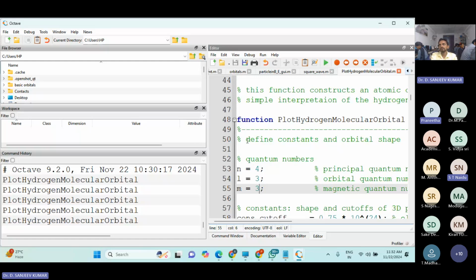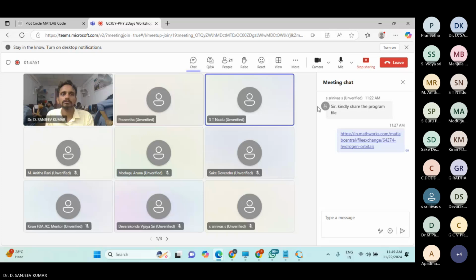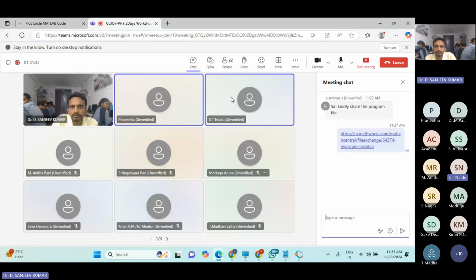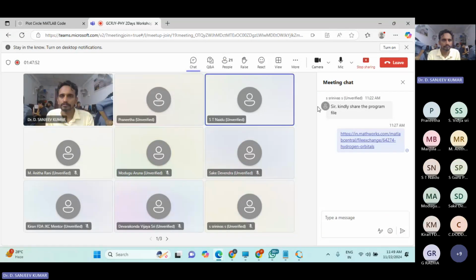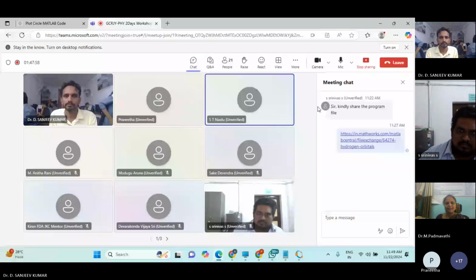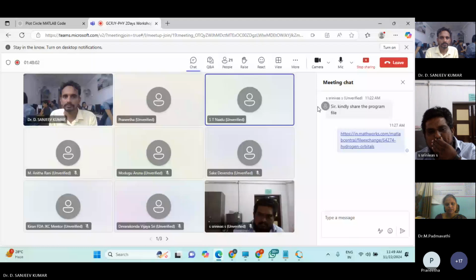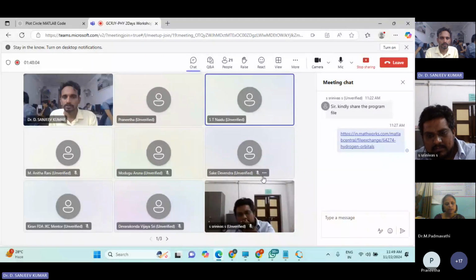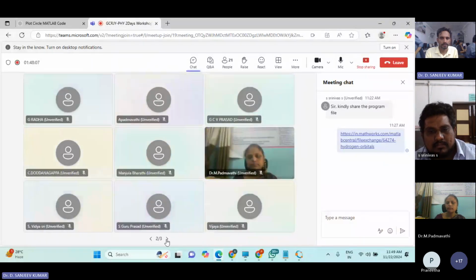Then we'll see differentiation, differential equation solutions, all those things in that session by 11:45. Please turn on your camera so that you take a screenshot.